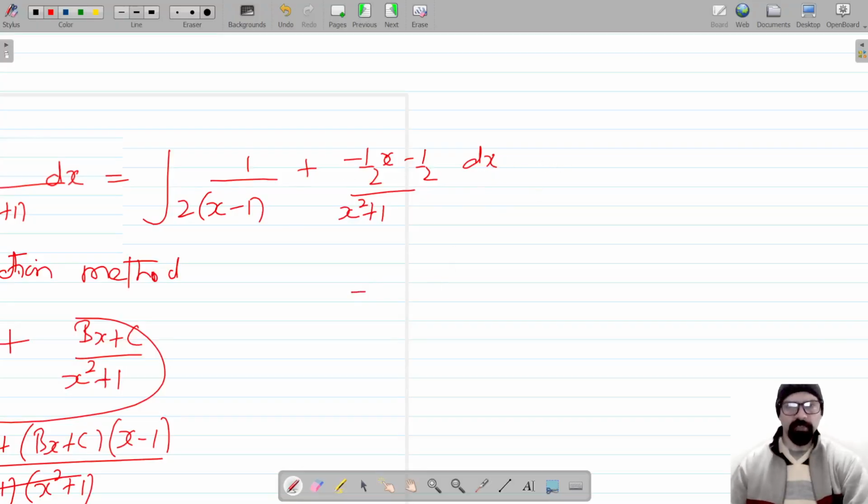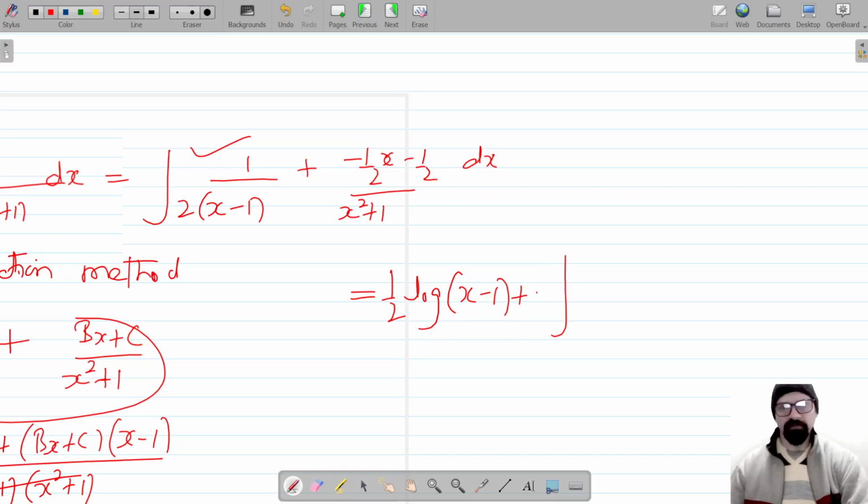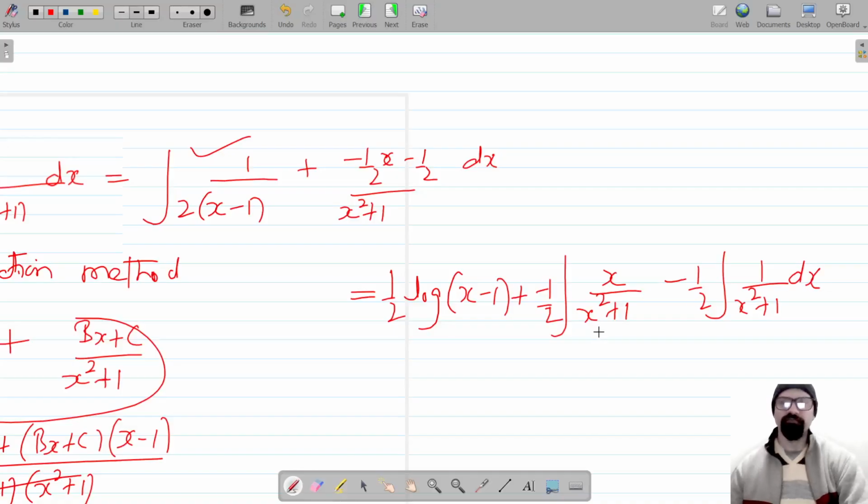Further, this becomes half into its integration, log of x minus 1, plus. Let me separate these. Negative half is out, and this is x upon x squared plus 1, and once again minus half into 1 upon x squared plus 1 into dx.